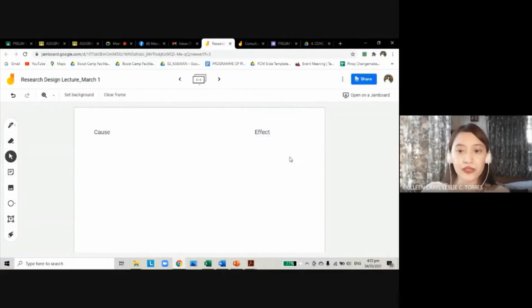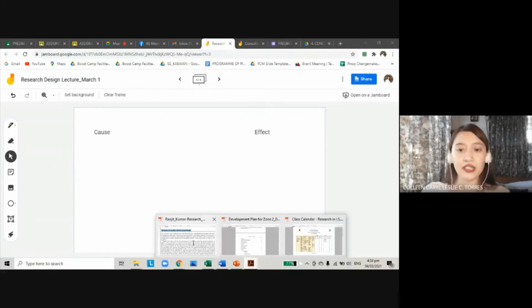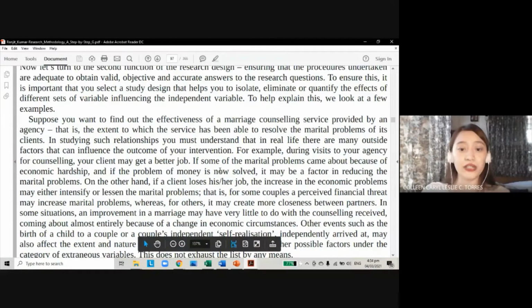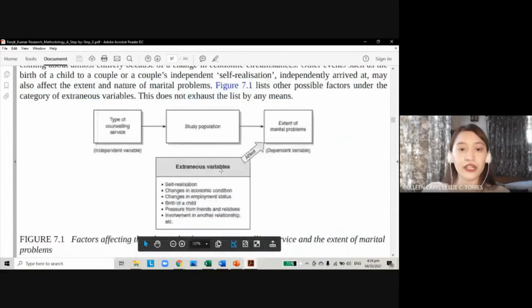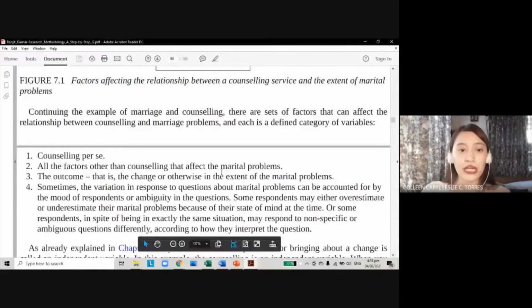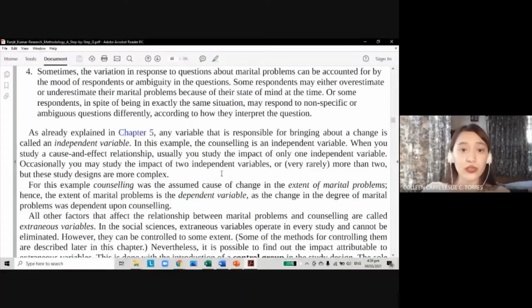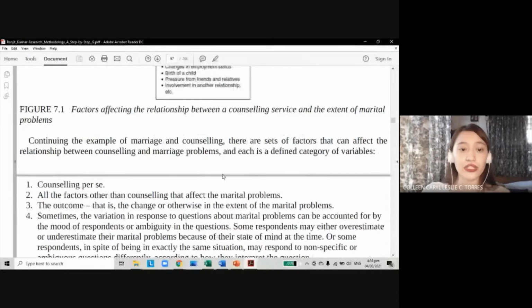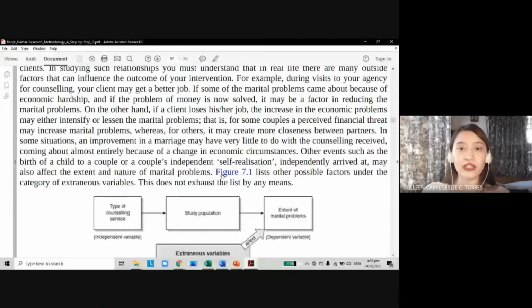Now, supposing that is basically the gist of the independent variable and the dependent variable, and variables pertain to factors that would influence your study, or rather the cause and effect of your study.